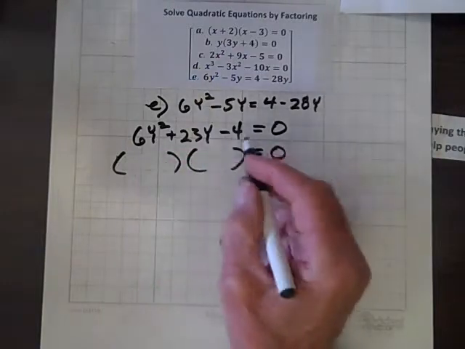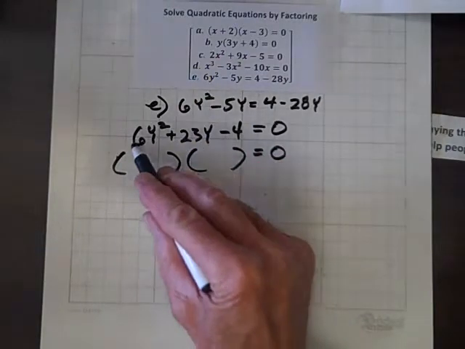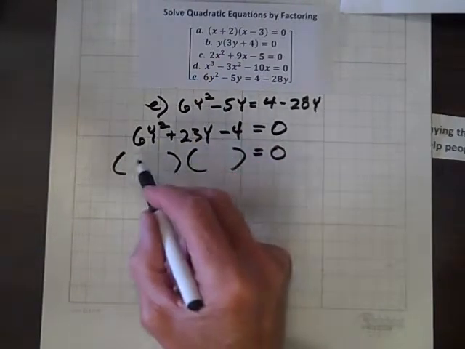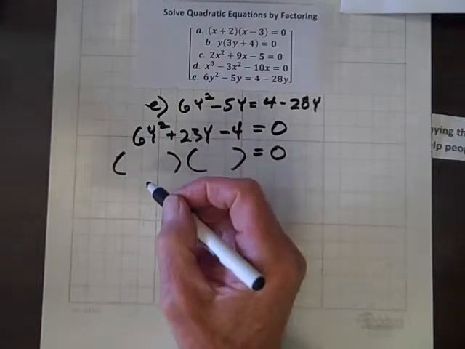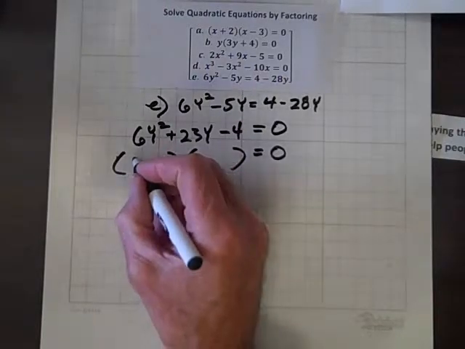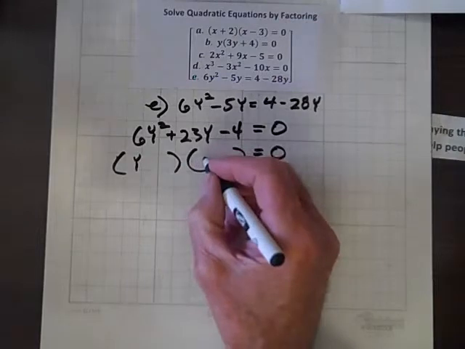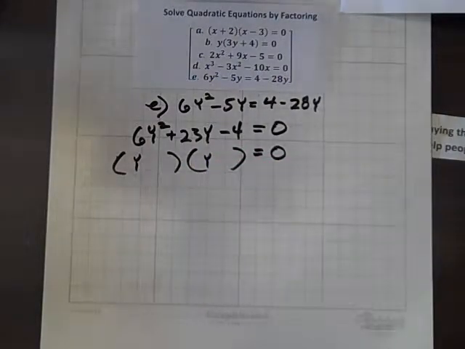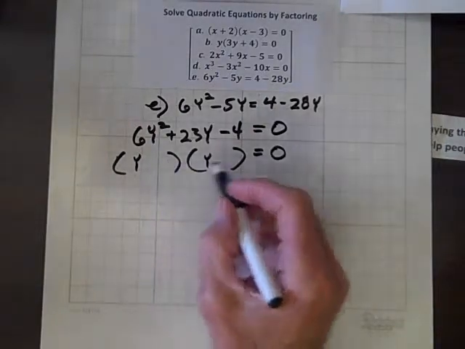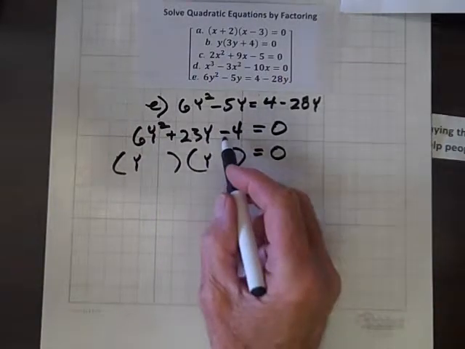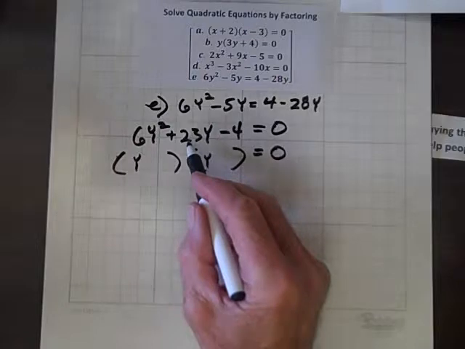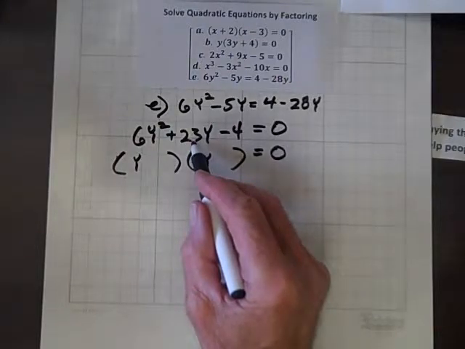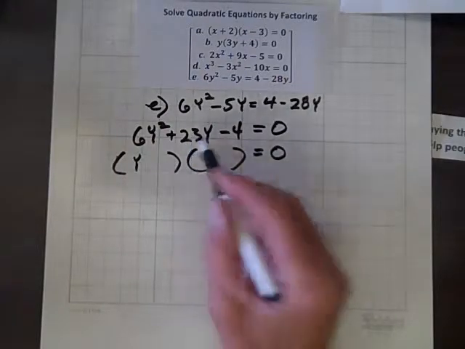And we know this, that since the first and last signs disagree, then these two signs are going to disagree. We also know that y is a factor of the first term. The next issue is what goes here and here. And we know this, that this 23y is a difference.